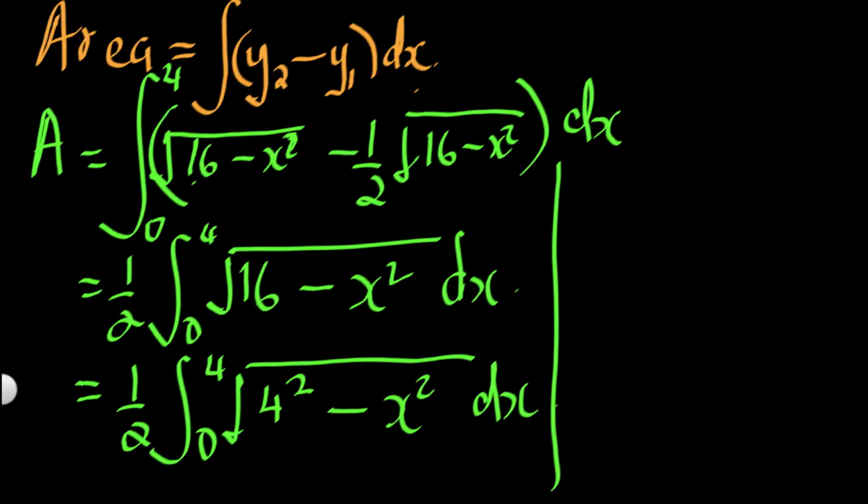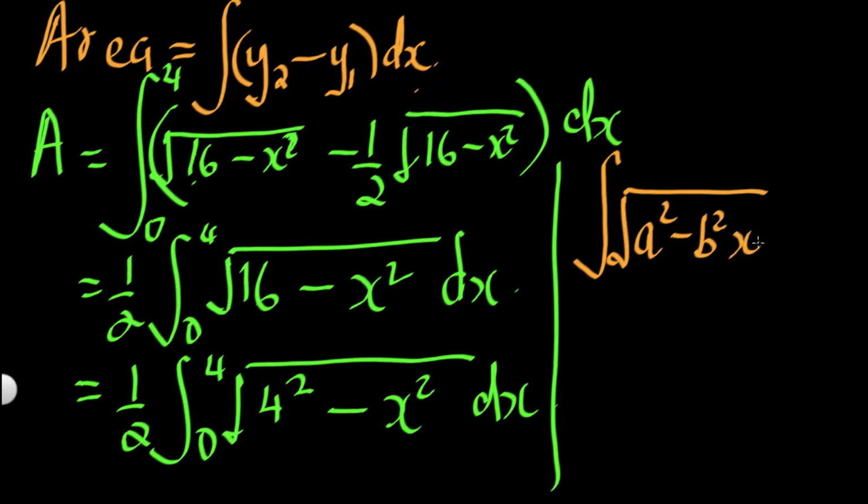I have a formula on the formula sheet for the integration of the root of a squared minus b squared x squared dx. I have this formula here on my formula sheet.